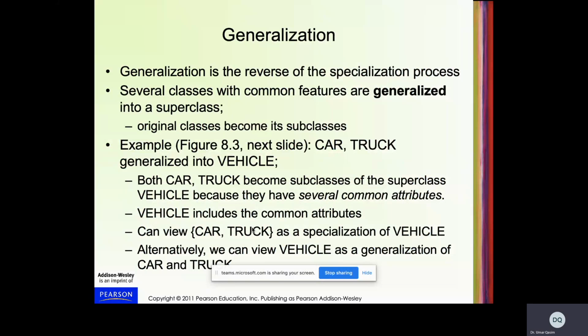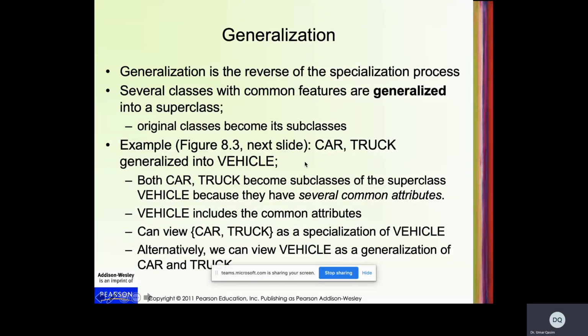Several classes which have common features are all generalized into a superclass. For example, if we have car and truck, although they have distinct features, like the height of a truck is different, and the axle, the weight, the capacity are all different, some of the features are similar. They are vehicles. So if we generalize them, we say that both of them have a superclass, a vehicle superclass.